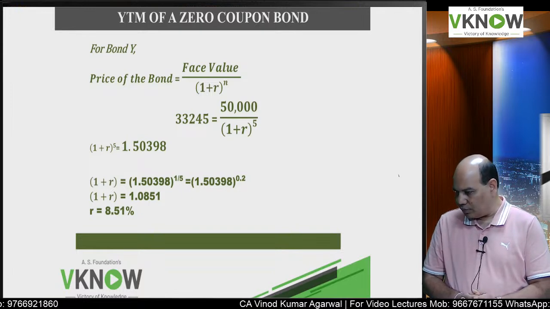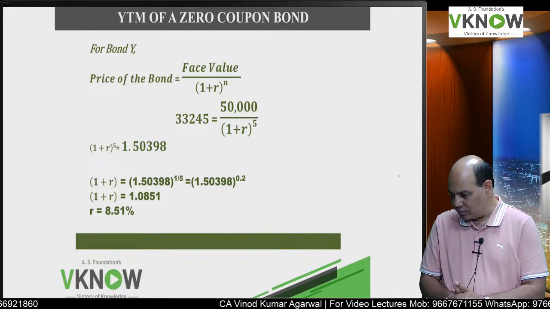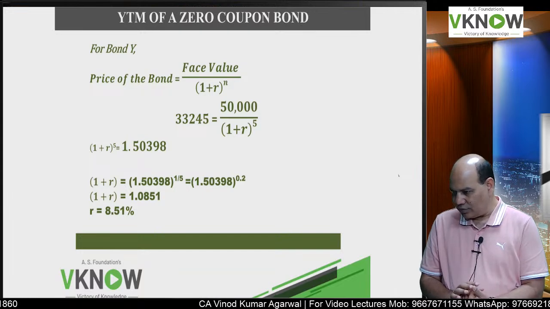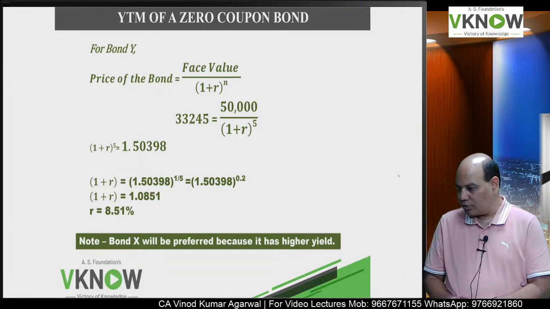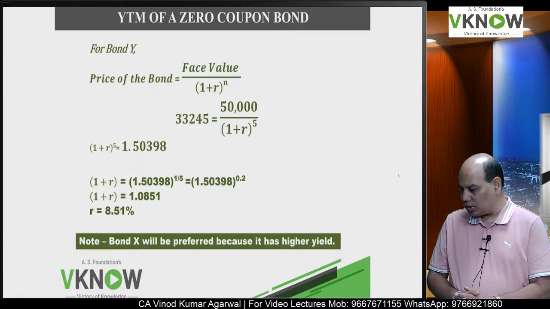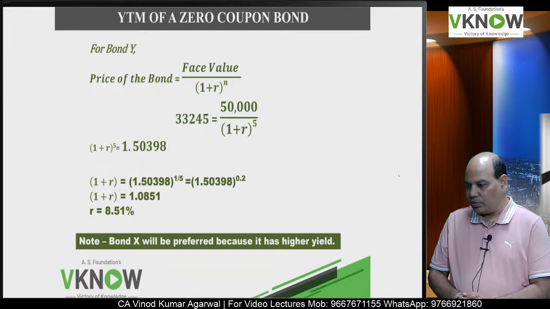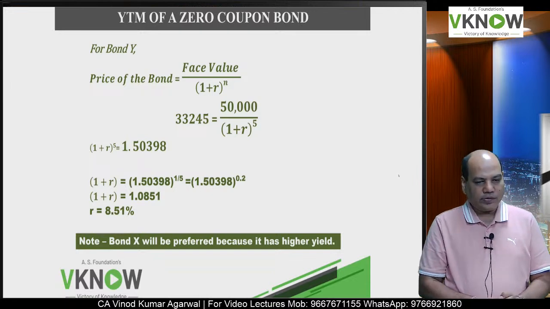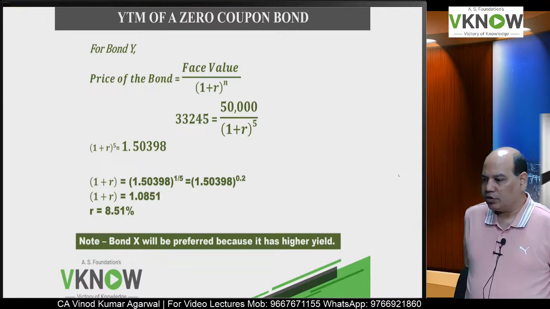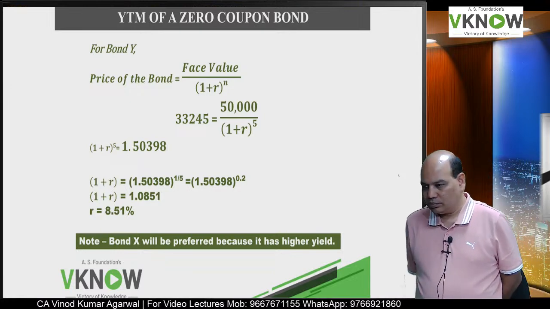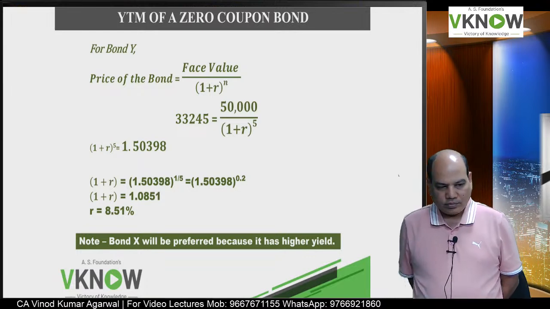Bond X, Divya, bond X. What about Roshni? Bond X. What about other students? So write down the note and conclude the answer.